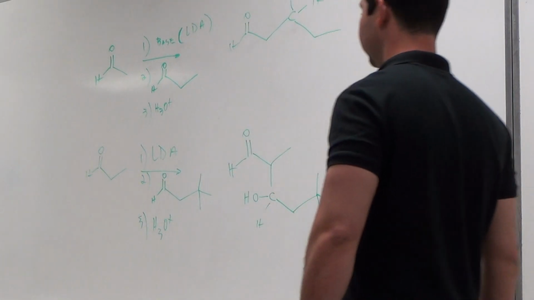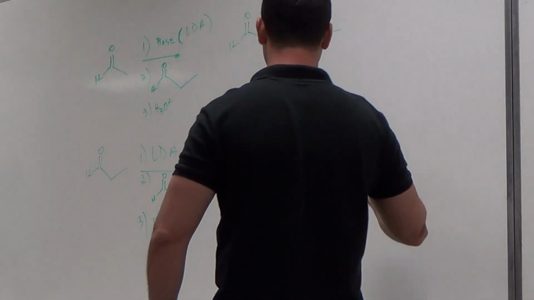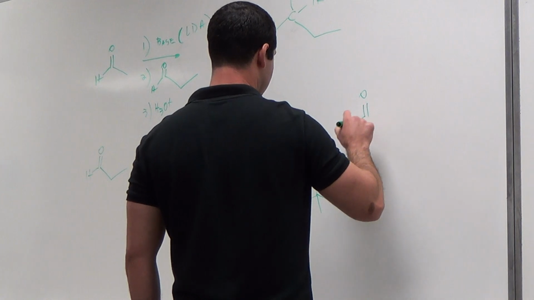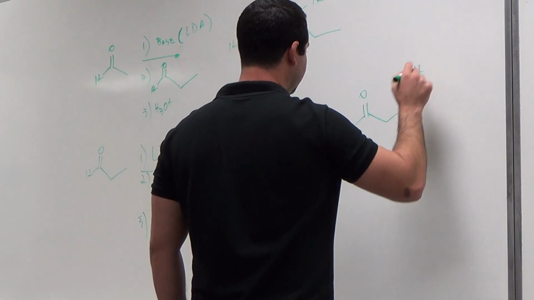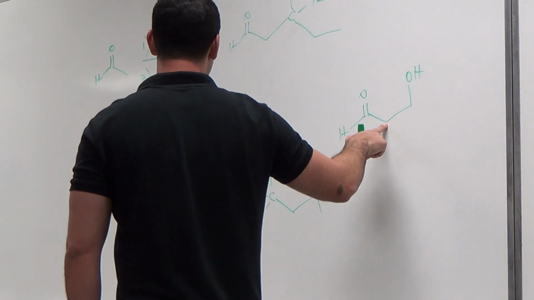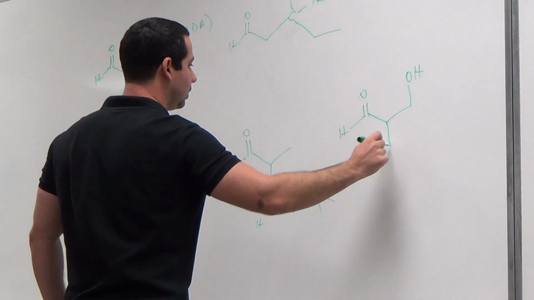If we were to draw it the other way, how would it work? This alpha carbon here is this alpha carbon. Yes, what does it have on it? CH3.